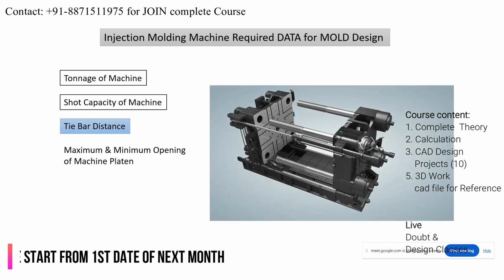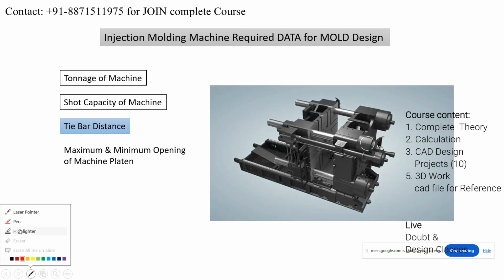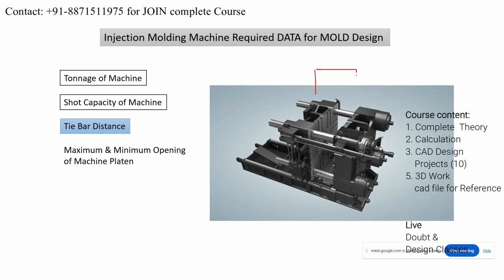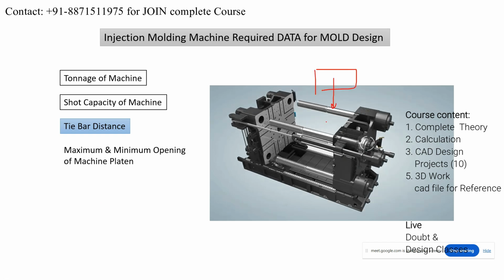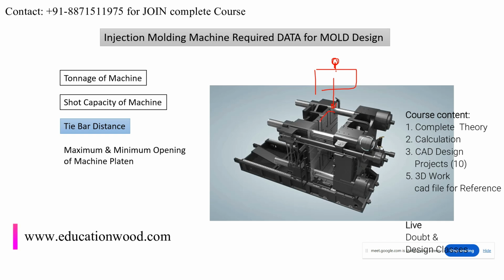And the tie bar distance. What is the meaning of tie bar? I'm talking about the bar. Basically, in the injection molding machine, the injection mold will come from here, hanging by the eye bolting, right? And it will come from here. So basically we have to place it into this area, right or wrong?